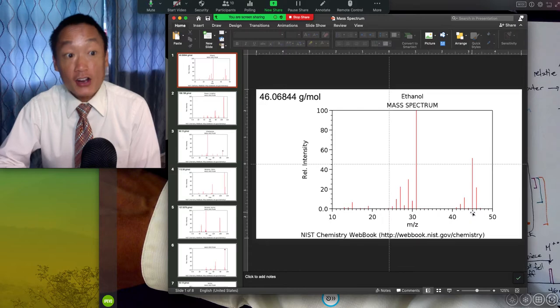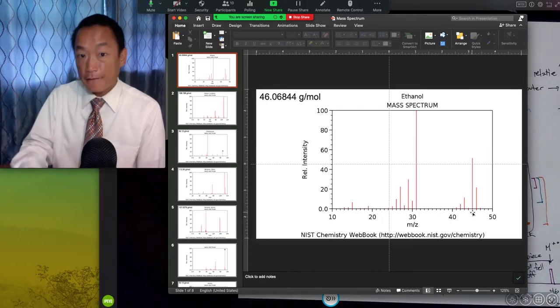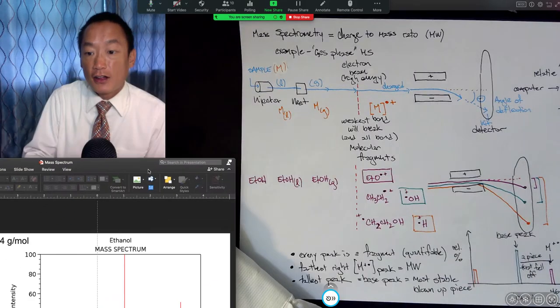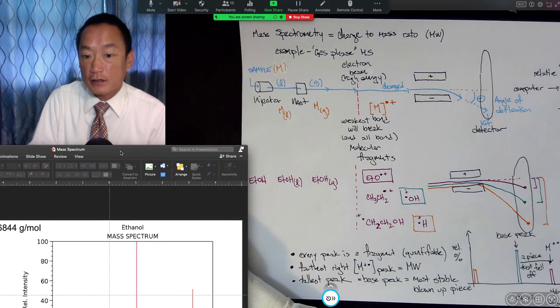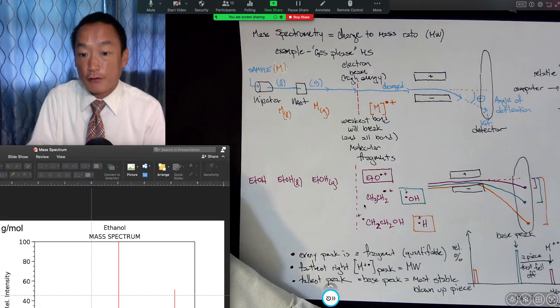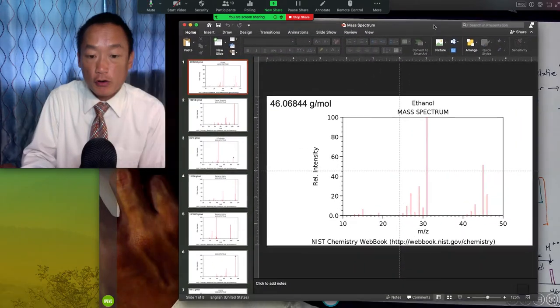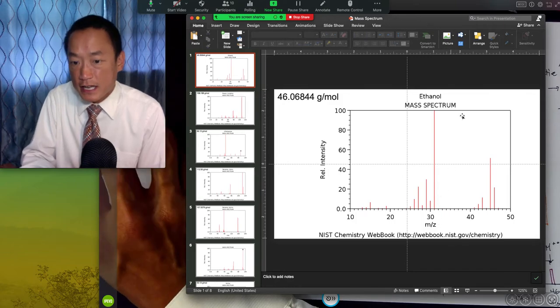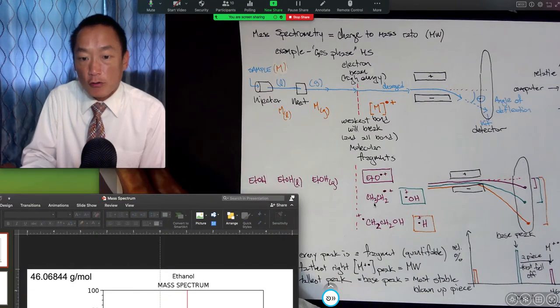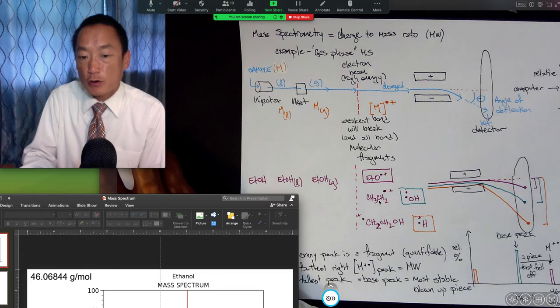What the heck could that be? I wonder if that is the stability of this without that proton on it. Perhaps, or I'm sorry, a different one of these broken off with a proton on it. And then here's getting to that base peak. So perhaps since that's at 31 grams per mole, we're looking here at 12 for that carbon, 24, 25, 26, 27, 28, 29.